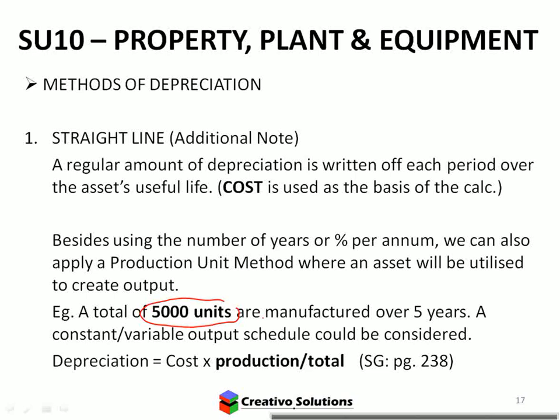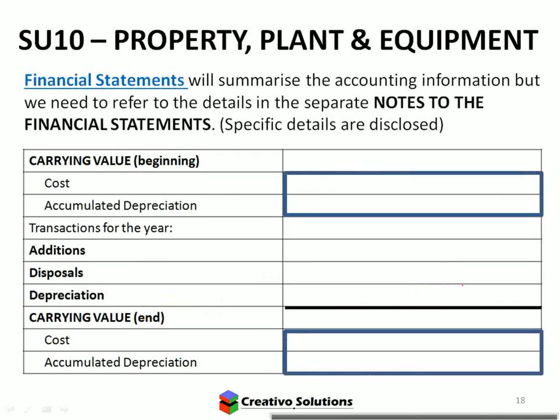So as and when I manufacture units, I'm going to have depreciation. That's what this is looking at. So for example, if I manufacture 1,000 units in year 1, then the depreciation will be 1,000 over 500, instead of a percentage. Right, that's all. So it's not that important. It doesn't really get tested.